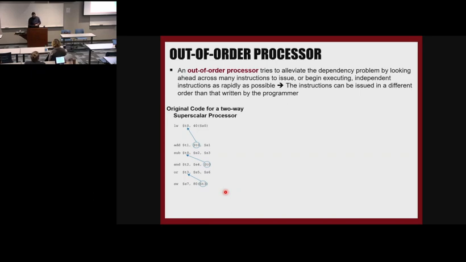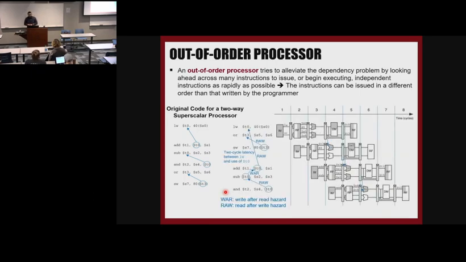Why? Let me show you why. So I move OR here, and I do something a little bit more creative too, which is moving store word after that too. This doesn't have any dependencies either, so I can move store word up there too, and it doesn't change my code. But what happens is that in one of these clock cycles, I don't fully utilize the two-way superscalar processor.